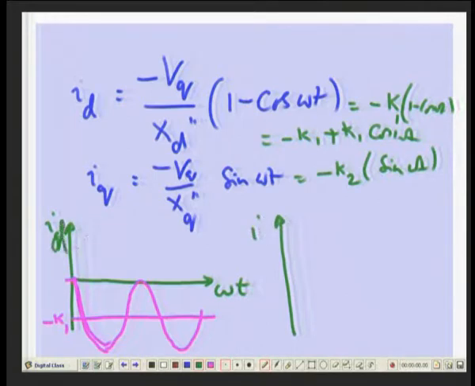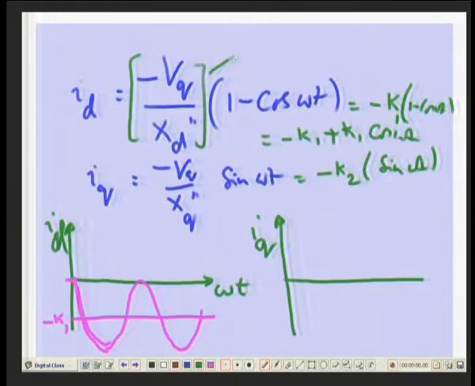Sorry, this is ID, no? IQ will be, whereas this I considered to be minus K1. Okay. What will be this? This will be minus K2 sin omega t. So, it will be minus sin omega t. So, this will be minus K2, right.